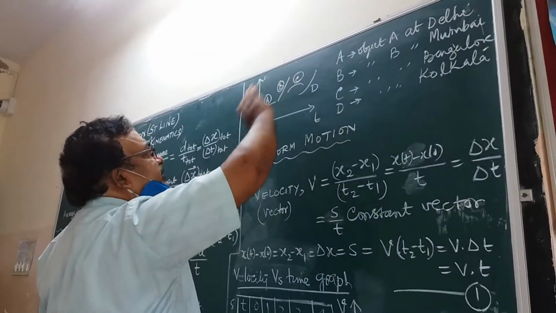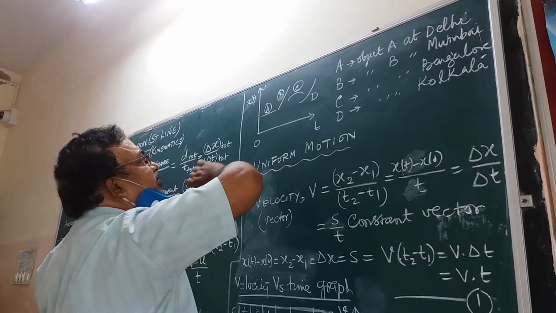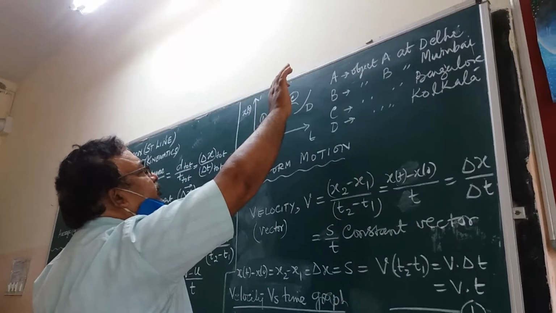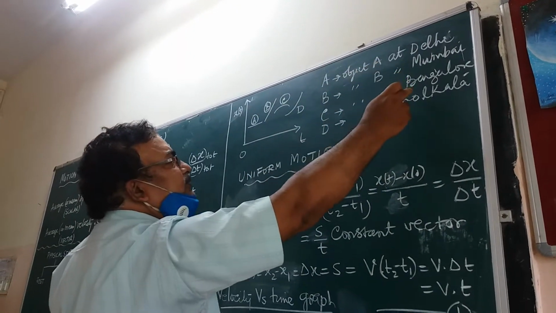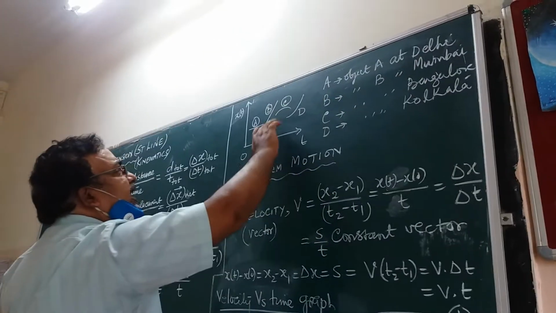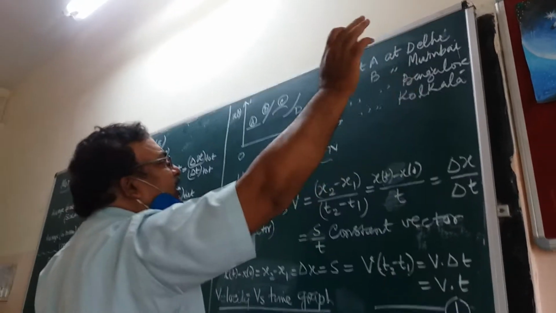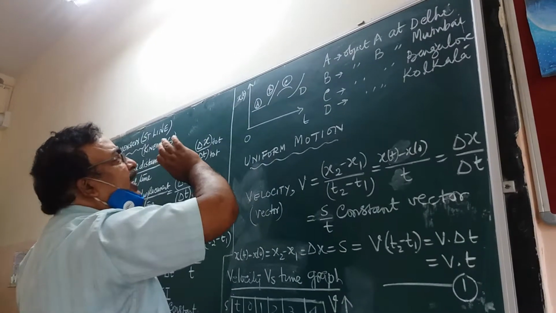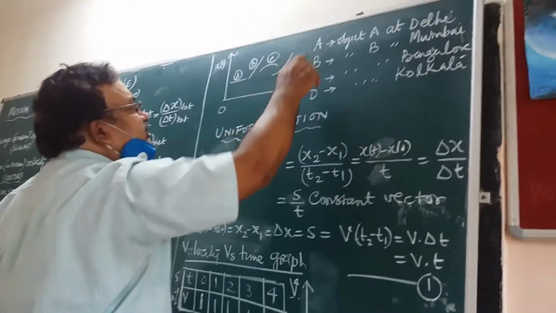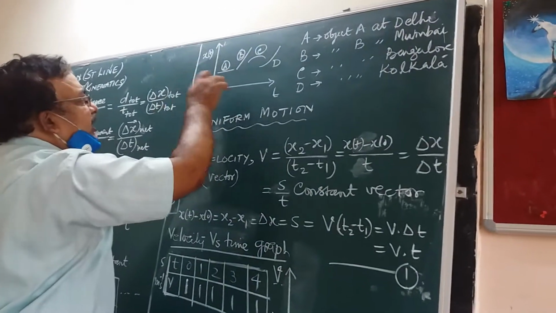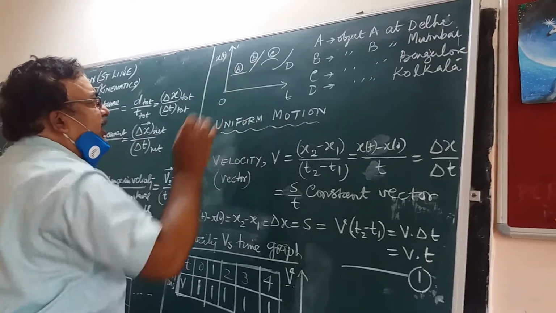C is an object which is in Bangalore, and D is another object which is in Kolkata. Now you have no direct access or information about these 4 objects. You only have the position versus time graph.